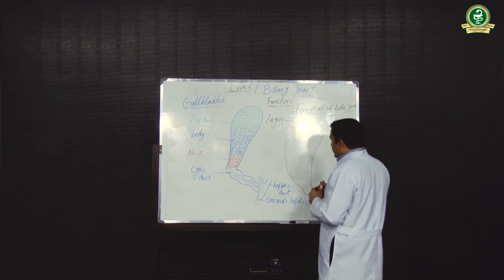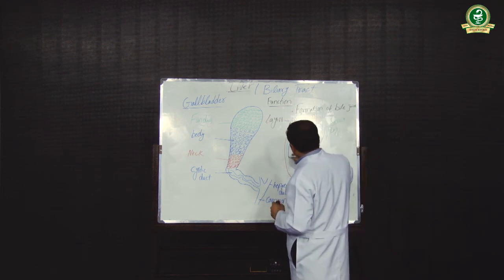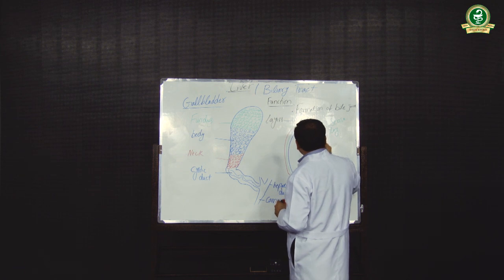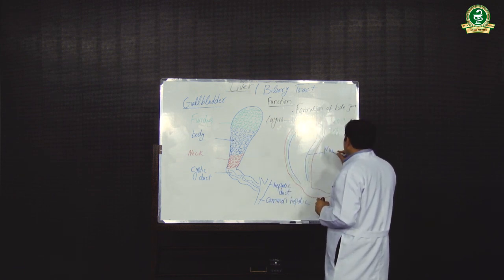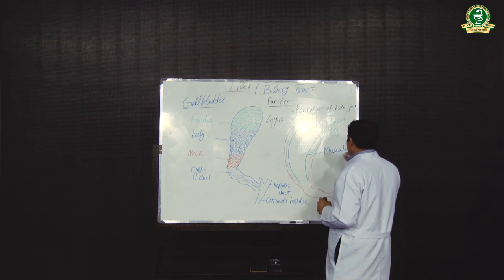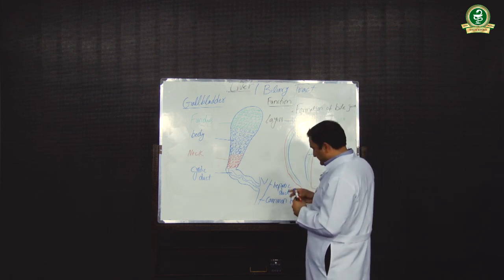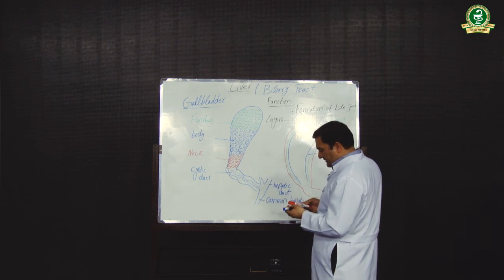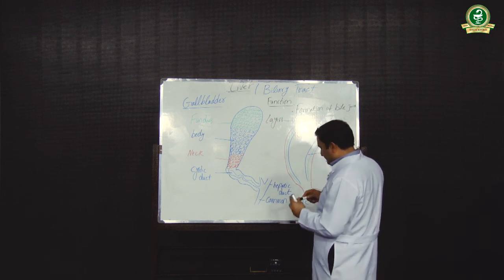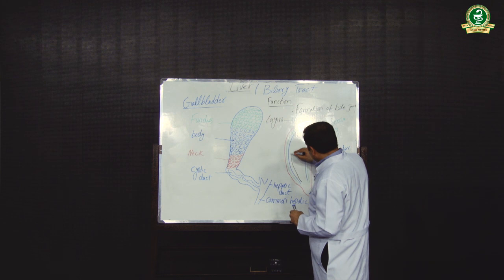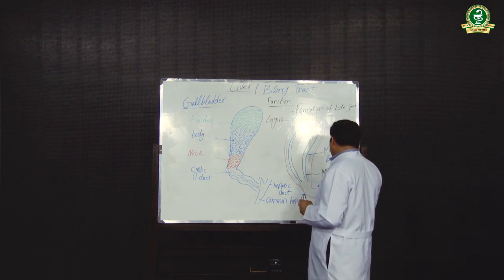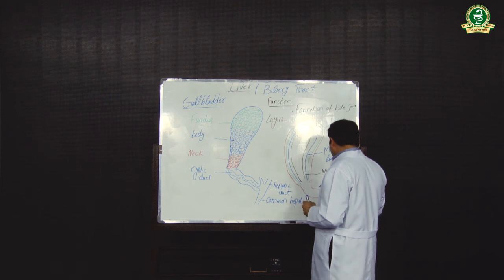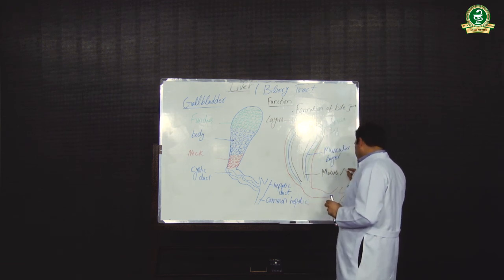Inside it is the muscular layer, because it is made up of muscle. Innermost is the mucus layer, which secretes mucus.